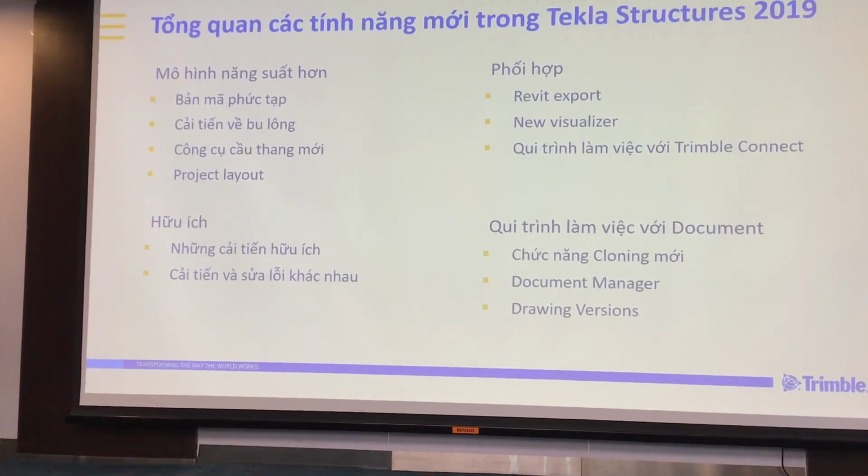Can Tekla create a model which combines several sections? I saw this one actually. So who was this question? Can Tekla 2019 create the model which combines several sections, square section, bottom, and unfold plate from this? Okay, what do you mean by that, sir? Yes, I would like to clarify my question.